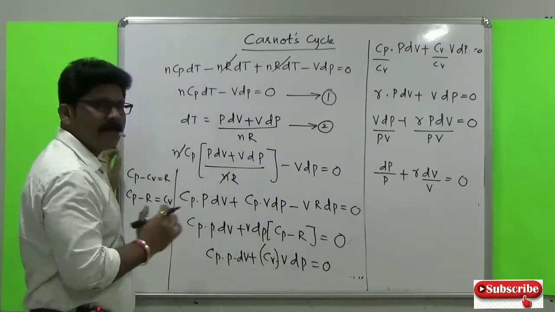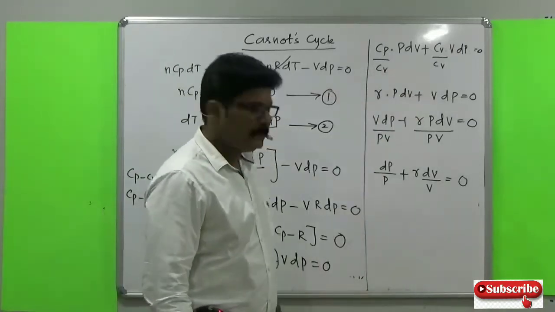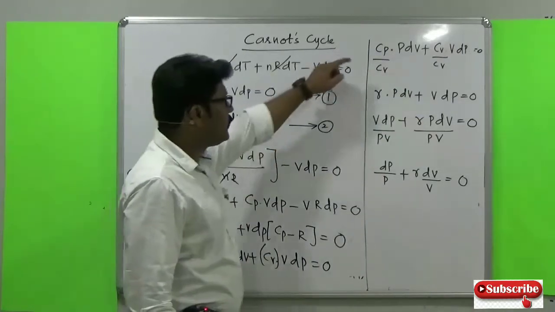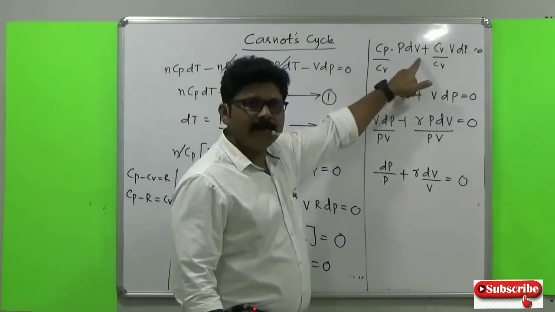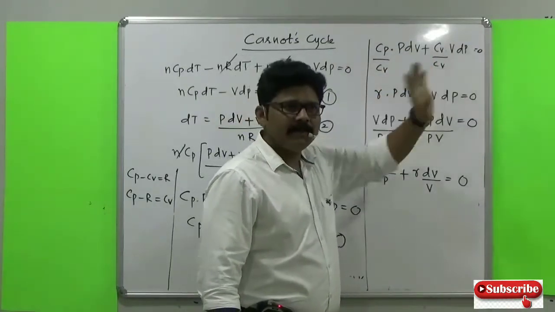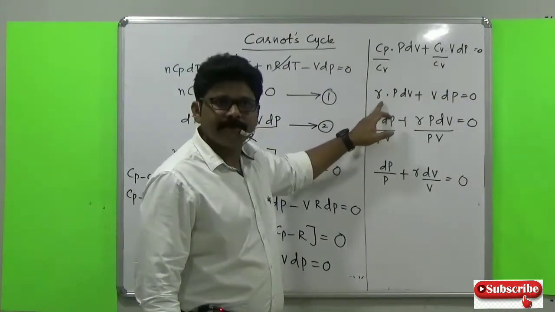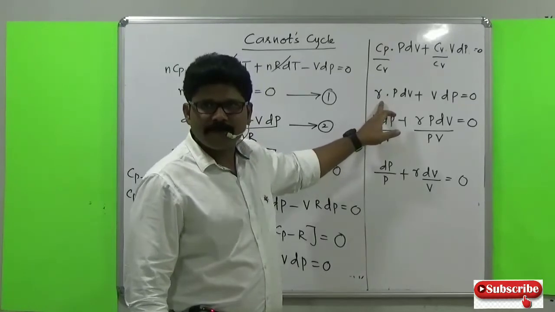अब Cp minus R के बदले में Cv सब्स्टिट्यूट करूँ into V into dP is equal to 0. उसके बाद में क्या कर रहे हैं, dividing by Cv, इक्वेशन को: Cp by Cv P into dV वैसे रहे. Next Cv by Cv V into dP is equal to 0. Then Cp by Cv is nothing but gamma. It is a ratio of specific heats.